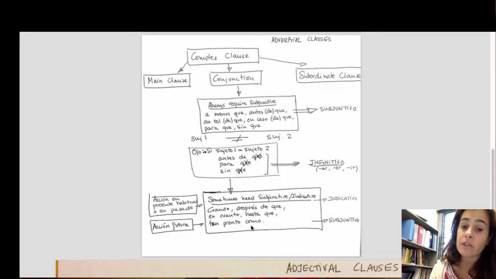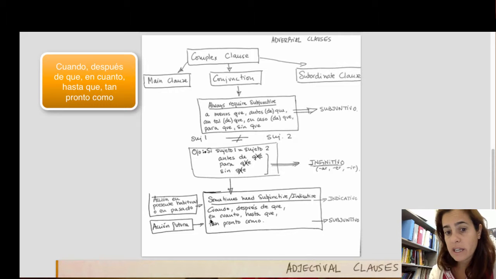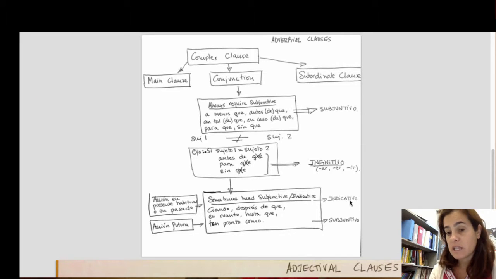Now we have another type of conjunctions that sometimes require the use of subjunctive and sometimes the use of indicative. These are cuando, después de que, en cuanto, hasta que, tan pronto como. And when these conjunctions are used with an action that is talking about a habitual present or a past action, then we will use the indicative.